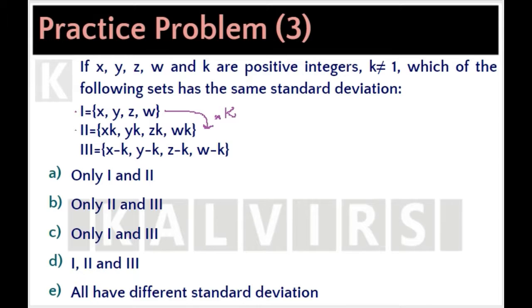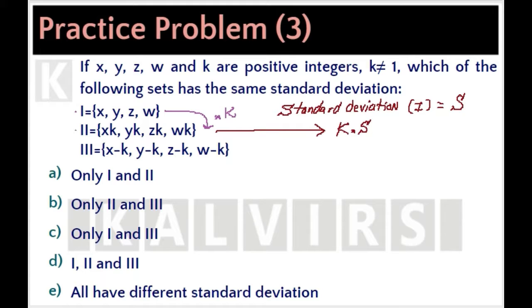No. According to the standard deviation properties, if you multiply the same number to each of the members, then you need to multiply the standard deviation by the same number. For instance, if the standard deviation of set 1 is S, then the standard deviation of set 2 is K times S.